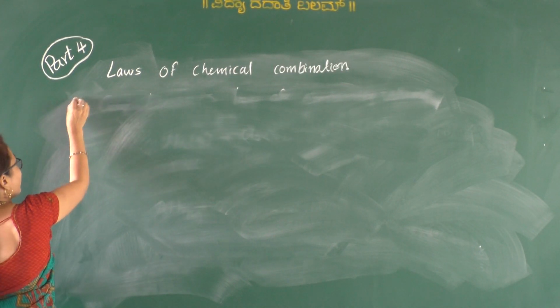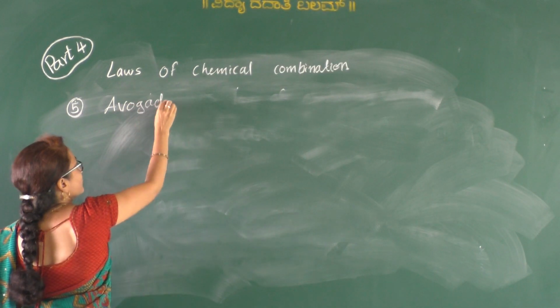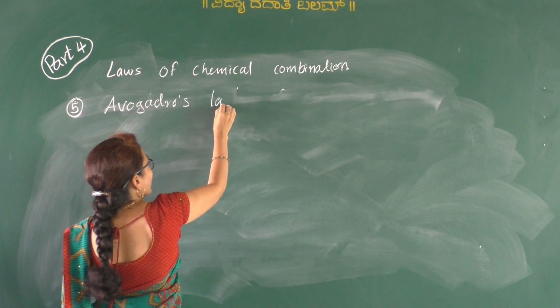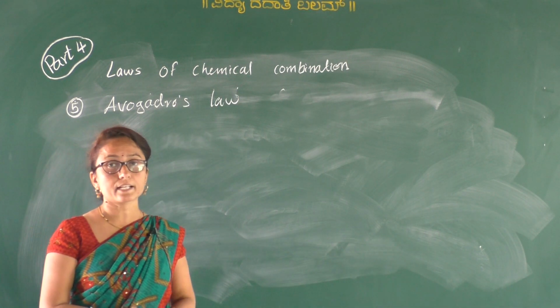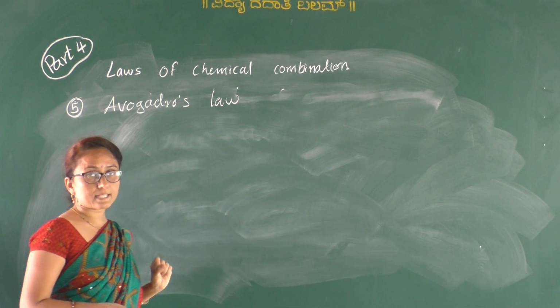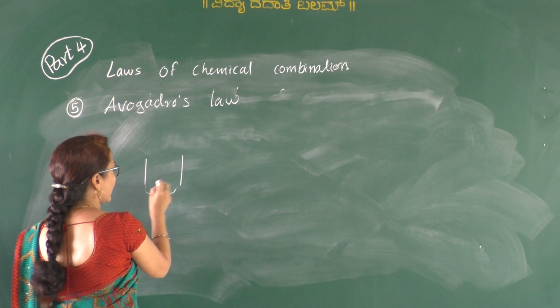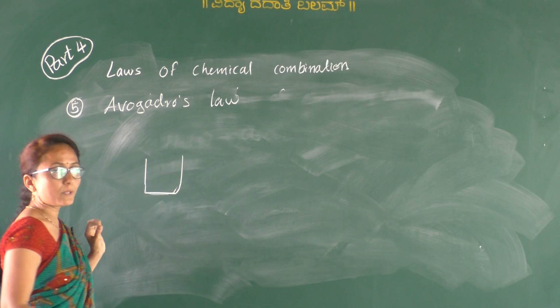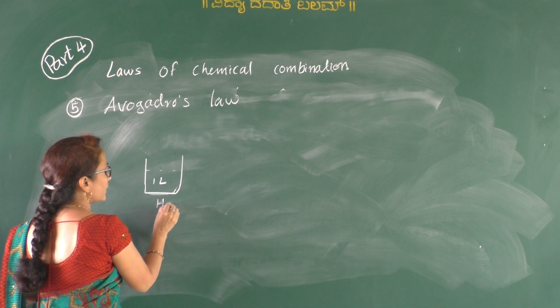The next, fifth one, Avogadro's law. Avogadro's law states that if you take equal volumes of different gases, let us consider we have one container, or one vessel, that contains 1 liter of hydrogen.